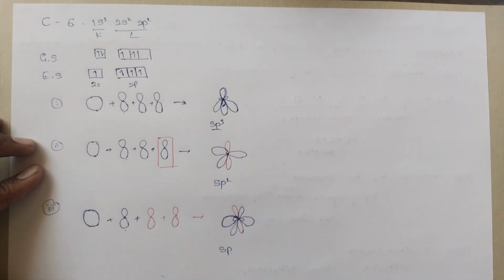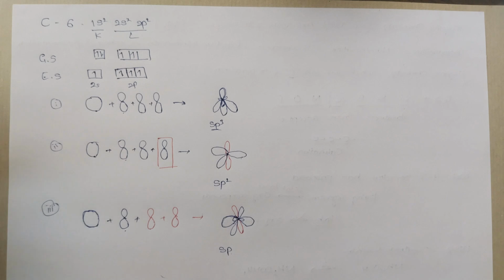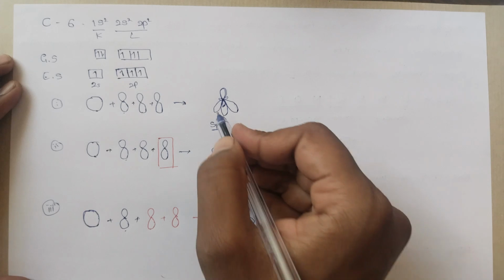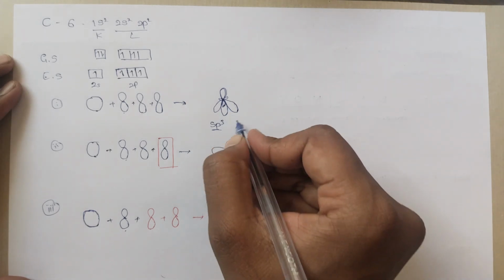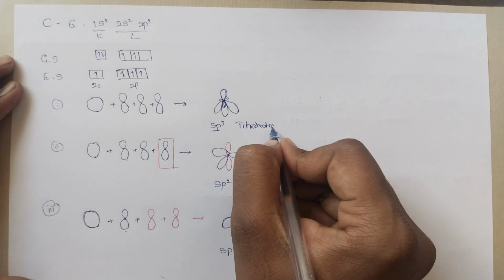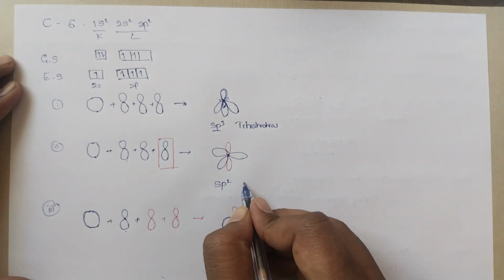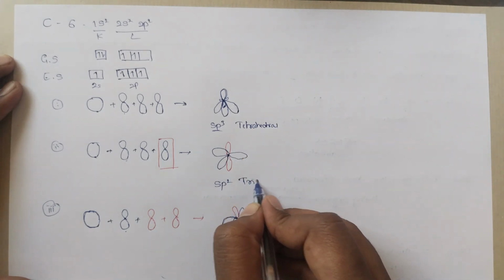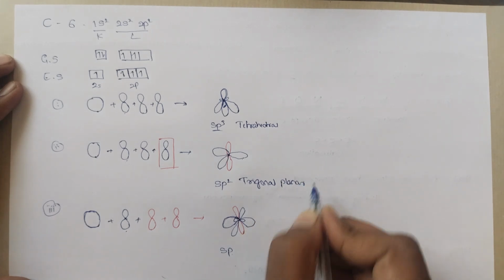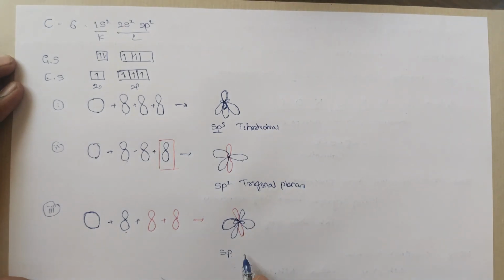Okay, then we shall consider how we can make a bond. For the understanding purpose, the structure of this sp3 carbon is tetrahedral, and this sp2 carbon is trigonal planar, and this sp carbon is linear.